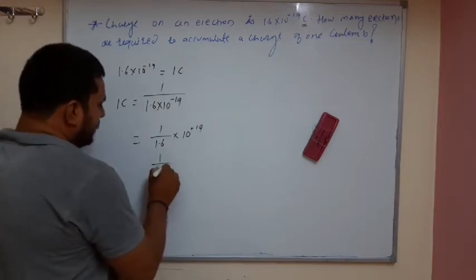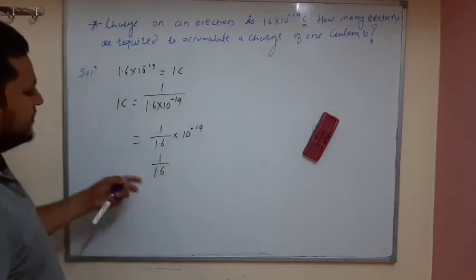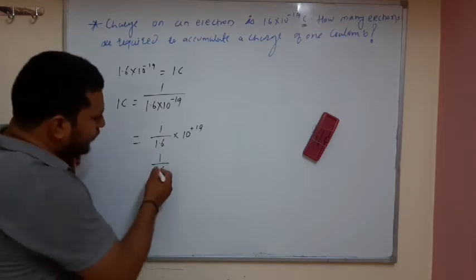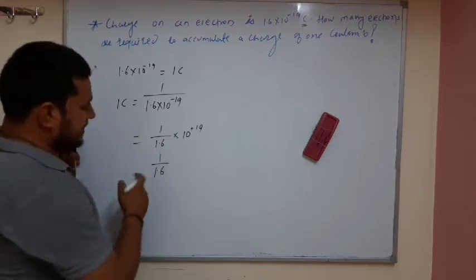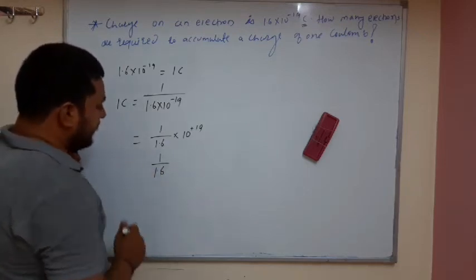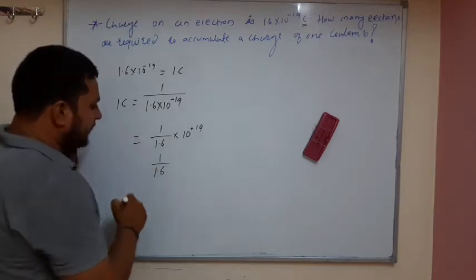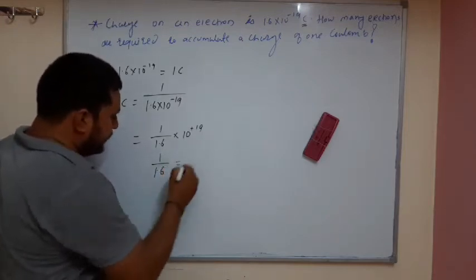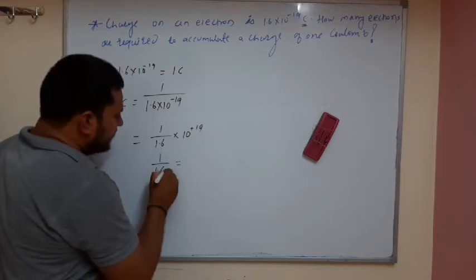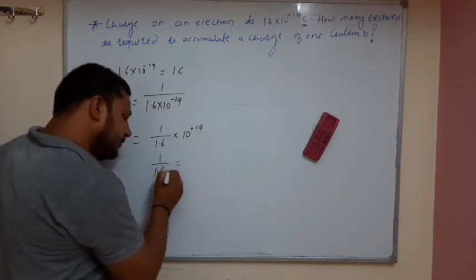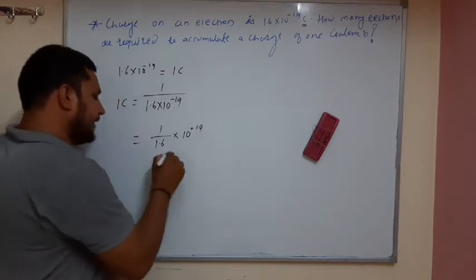Now solve 1 upon 1.6. It's very simple. If you want to remove the decimal point, then if you move the point to the right-hand side of 6, a 0 is added to the 1.